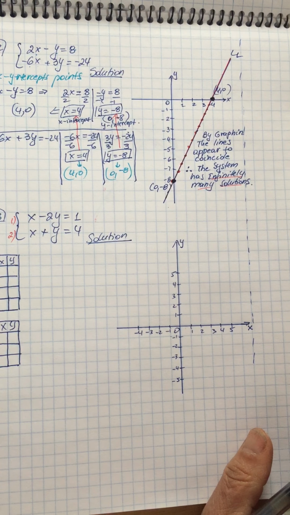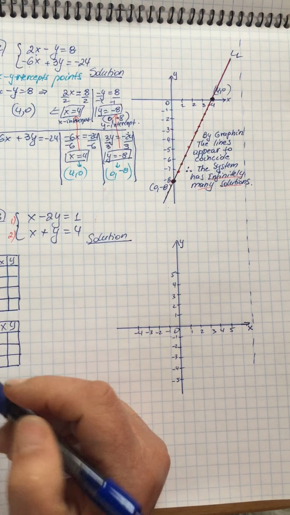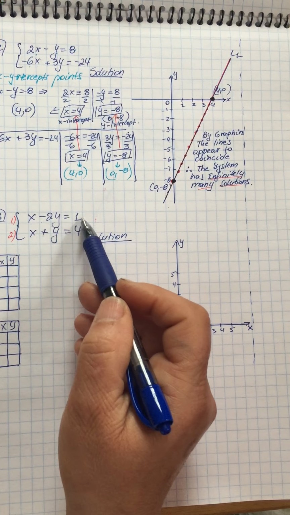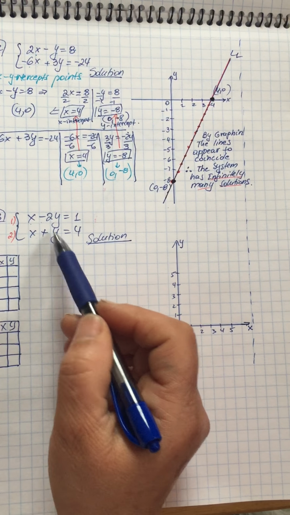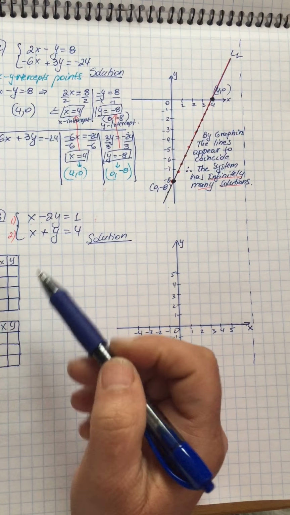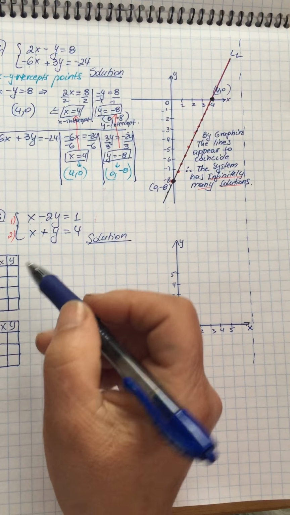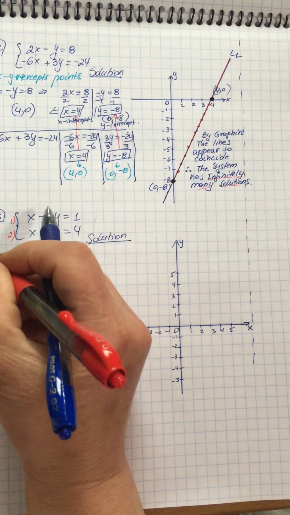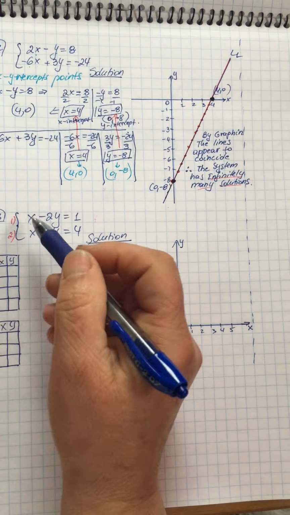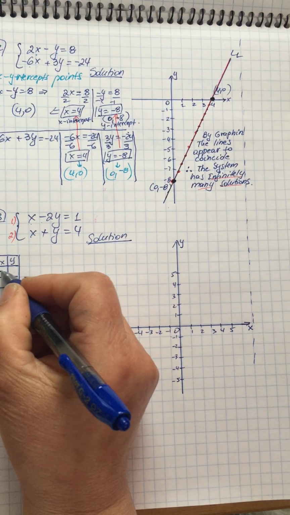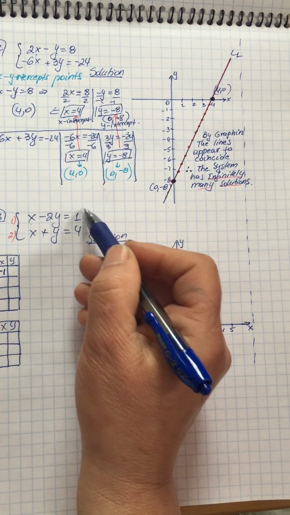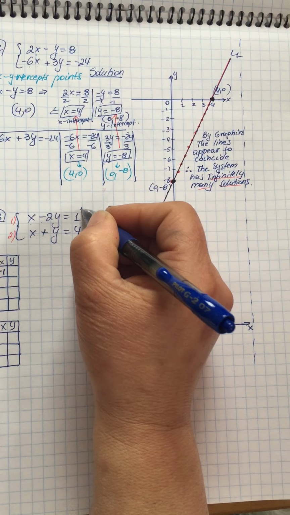Now, let's go to the third system. So now I have x minus 2y equal to 1, x plus y equal to 1, so it's very easy to use a table of values here. Let's start with the first equation. So if I let x equal negative 1, negative 1 will go to the other side as a positive 1.